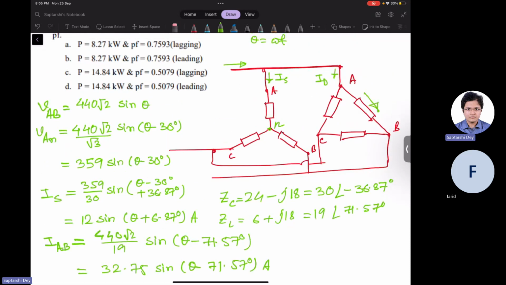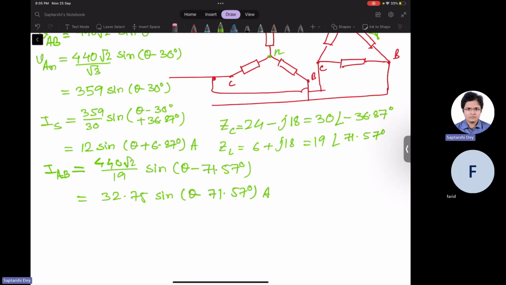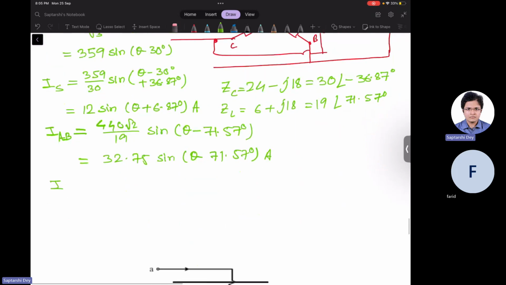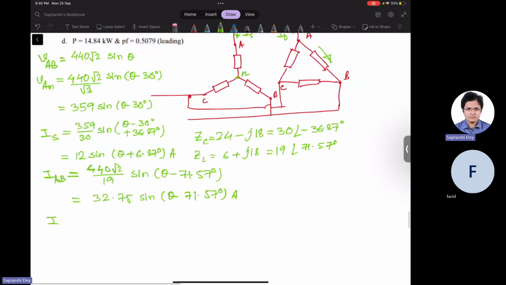We have to find out the line current. Line current, that is what we called here IT, will be 32.75 root 3 sine theta minus 71.57 plus 30 degree.